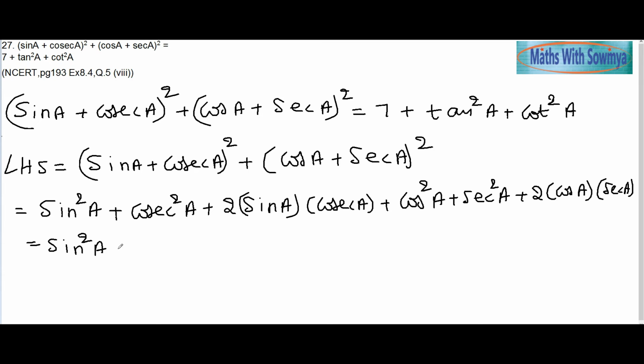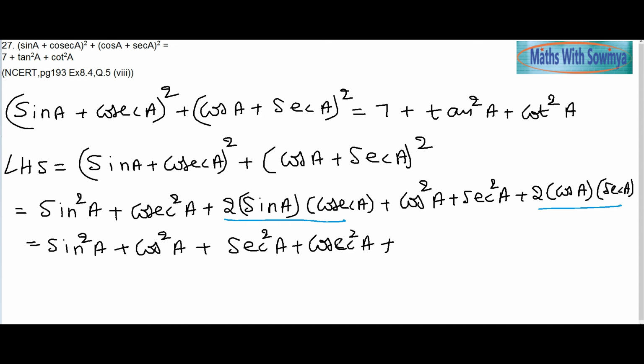Next is secant square A and cosecant square A. Now we have left with these two, which is plus 2 times sin A into cosecant A plus 2 times cos A into secant A.